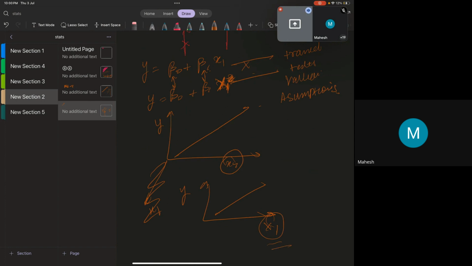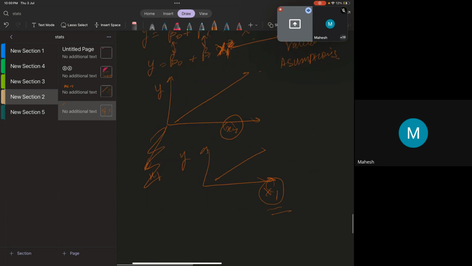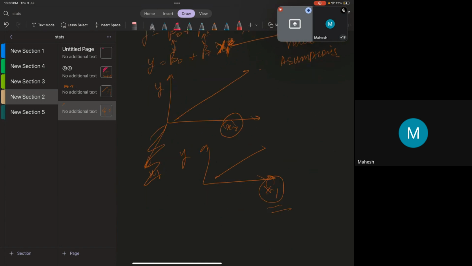Clear now, Mahesh? Yes, certainly. Now, how do you make the difference is the hidden trick that you use by saying, hey, actually this was y and x1 square, and my model is not linear. But its training, assumptions, testing, and validation are as if it is being trained on linear data only.